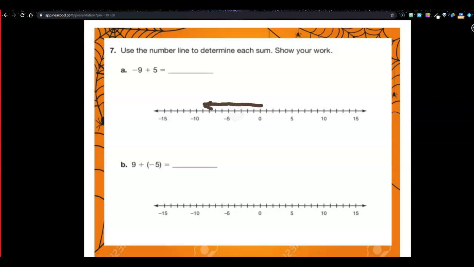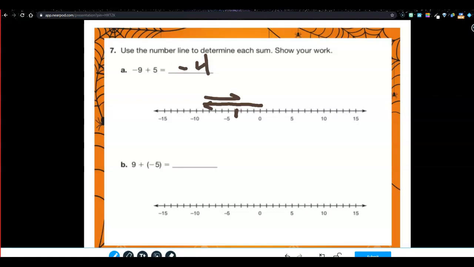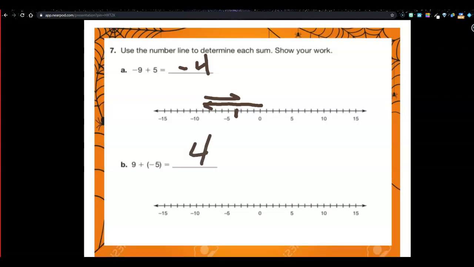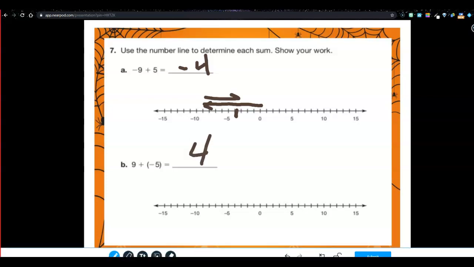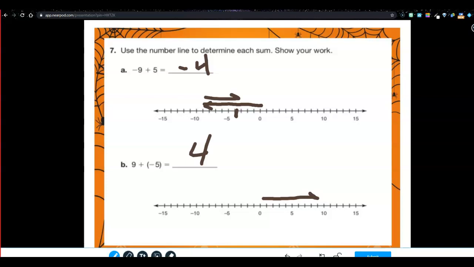Should be right here where I end up. Okay, so what do you think my answer is going to be on B here? 4. Positive or negative? Positive this time. Same numbers, different signs. So first to 9, and then back to 4.